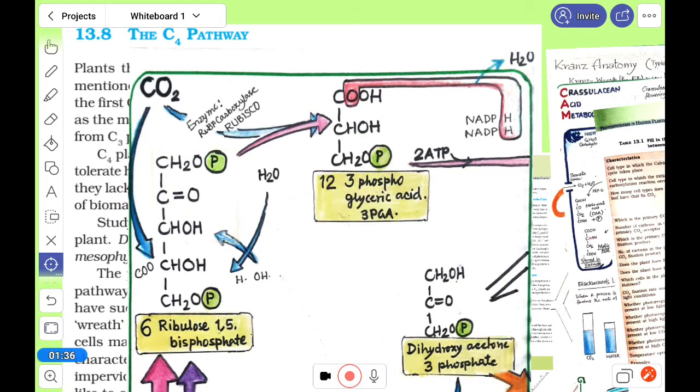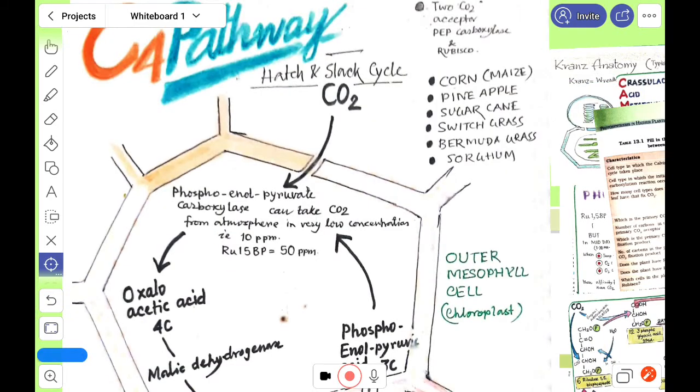Now we are going to discuss the cycle in which the first product has 4 carbons. Before entering the cycle, let us know that the C4 pathway or C4 cycle is also known as the Hatch-Slack cycle. What is the advantage of this cycle?